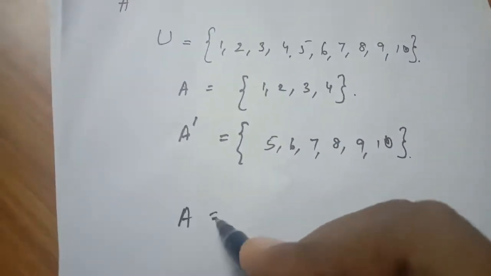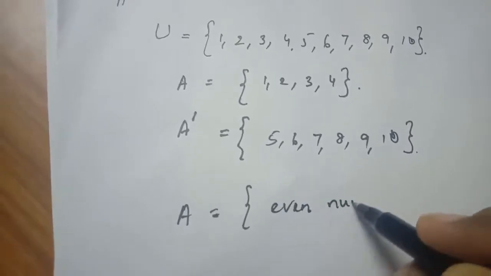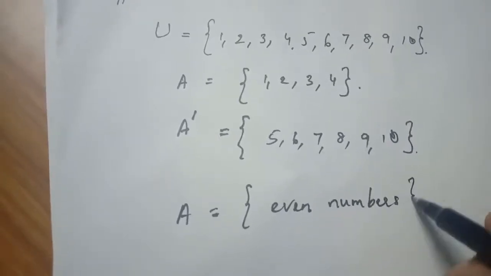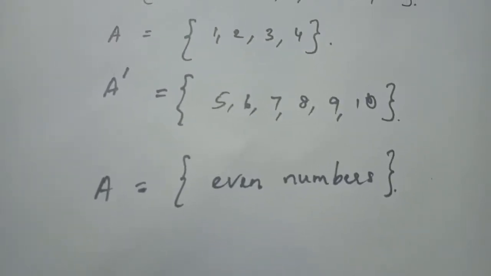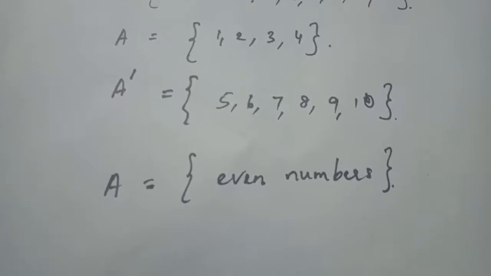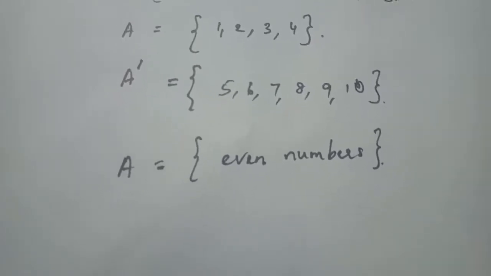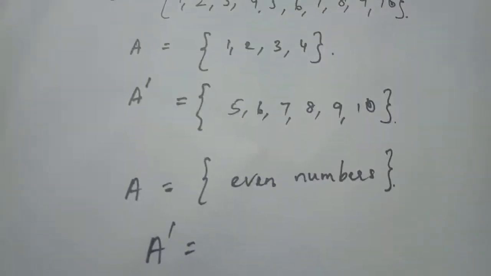Now if you consider A is equal to set of even numbers, then we know that if you take A as a set of even numbers, then the universal set, the set under consideration will be set of natural numbers, and then A complement will be what?